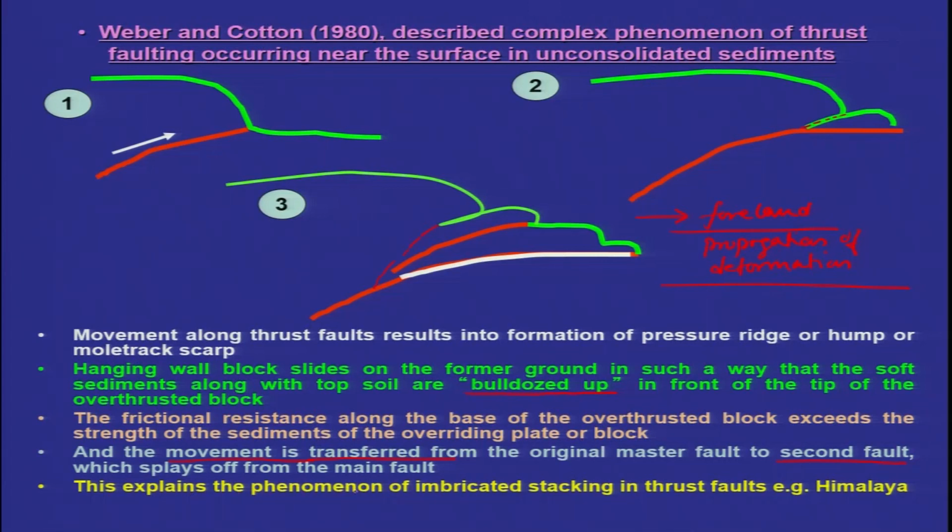So this explains the phenomenon of imbricated stacking in thrust faults. The best example is your Himalaya.